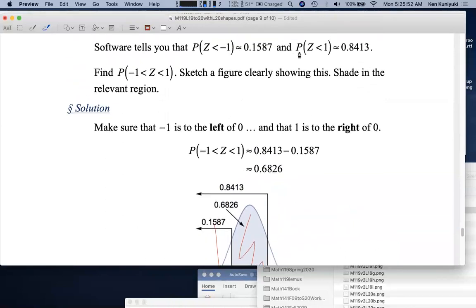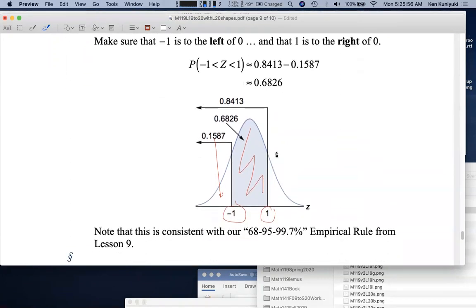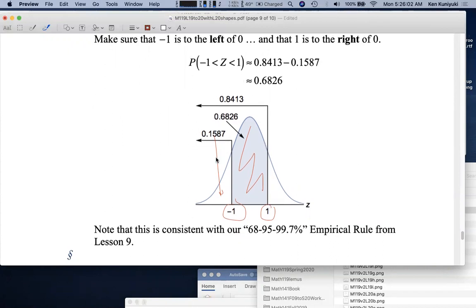Also, the probability that z is less than positive 1 is about 0.8413. Okay, that's the area or probability to the left of the positive one. So here I'm using arrows instead of shading because I think the arrows are a lot clearer. So we're talking about the left tail cumulative probabilities for -1, which is the 0.1587, and the left tail cumulative probability for +1, which is the 0.8413.